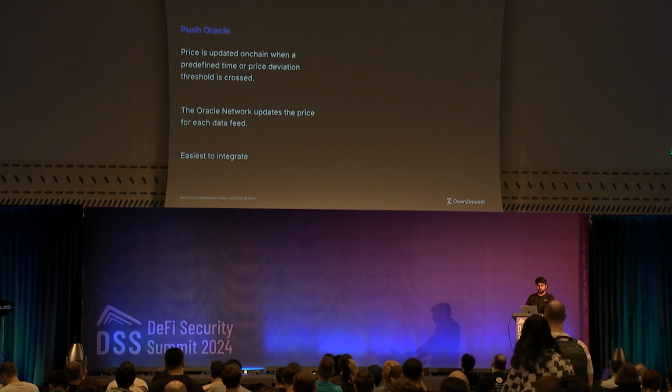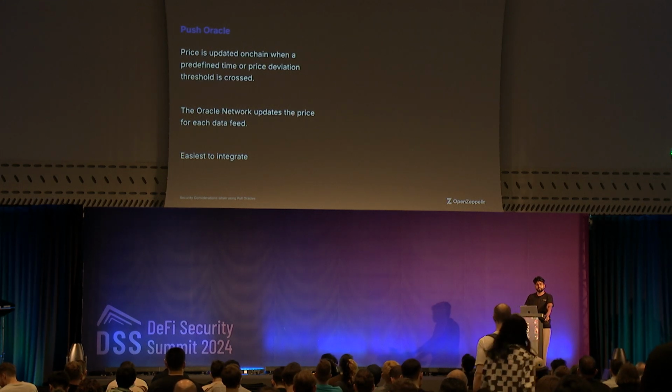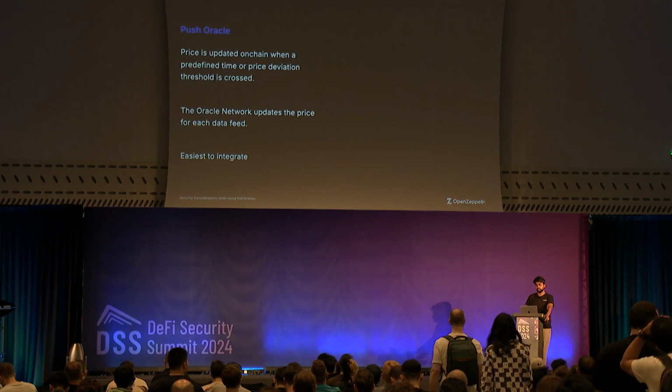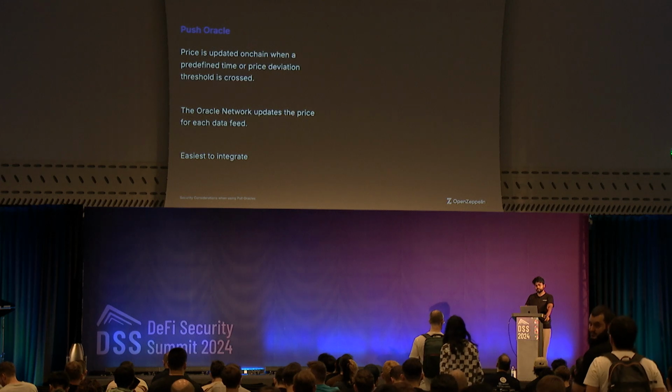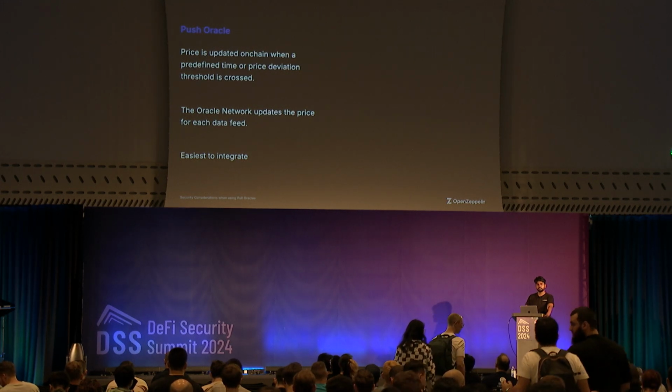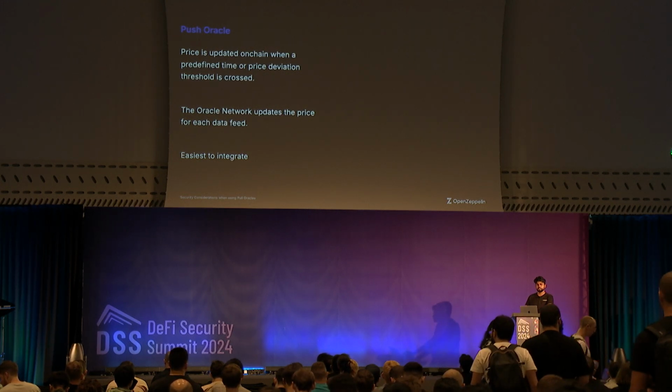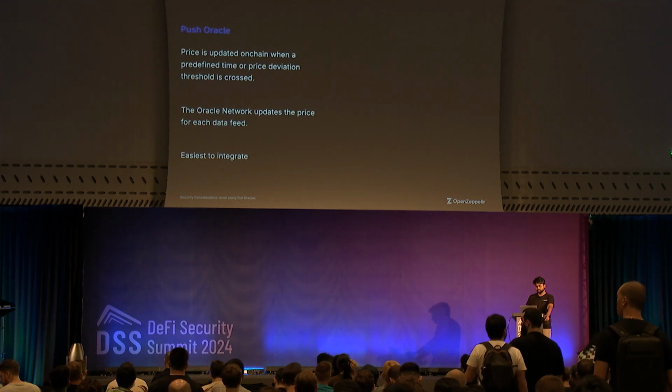Push oracles are basically the oldest. It started with Chronicle, that was the first push oracle. Then Chainlink came into the picture, and tons of other ones. They are responsible for the most TVL secured.